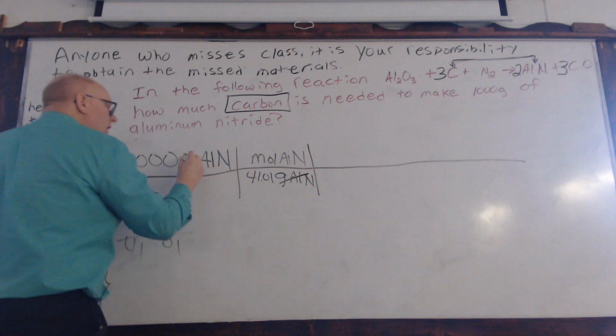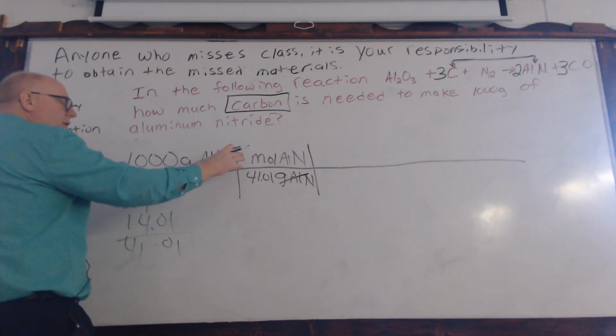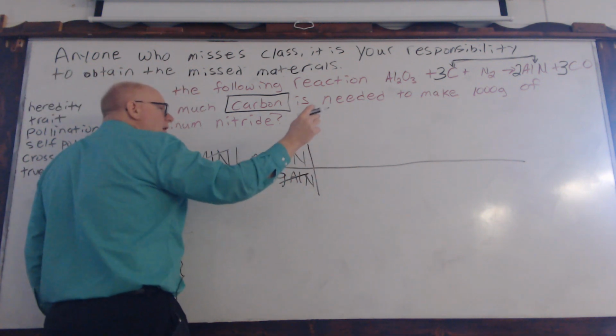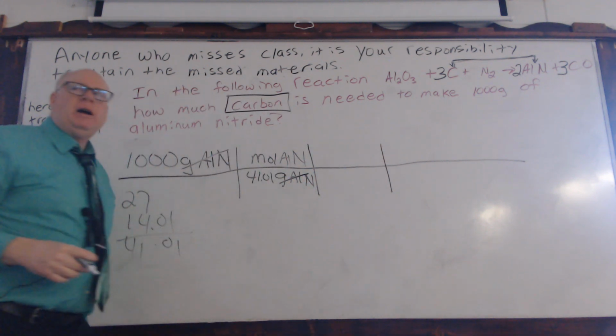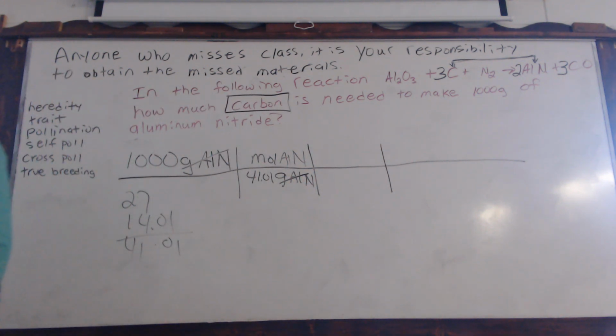We are now in moles of aluminum nitride. This is how it was different with your composition stoichiometry. You just stayed within one compound. Here, we're going from one compound to another, and that's what this mole ratio allows you to do.